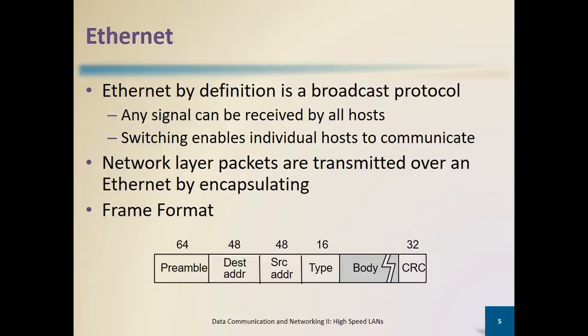The source is where the frame is originating from, and the destination is the recipient. Both are handled within the frame format, and they each carry 48 bits, or 6 bytes.